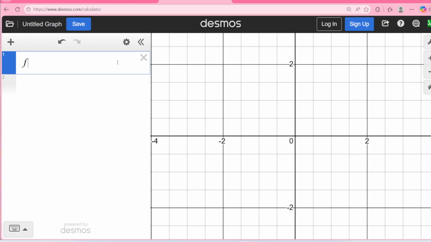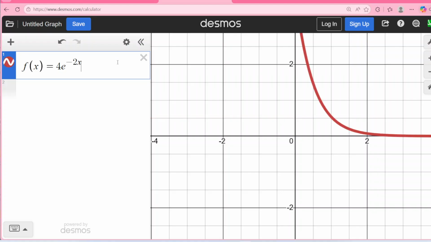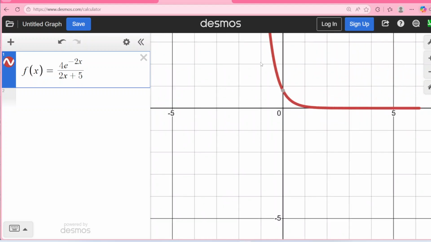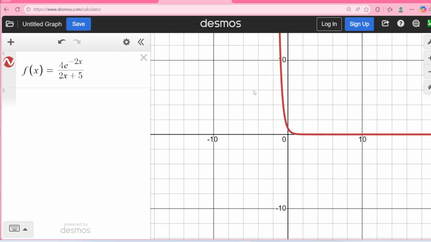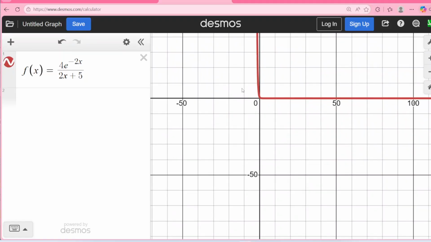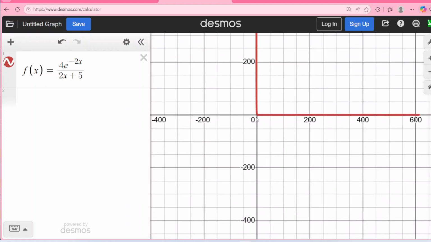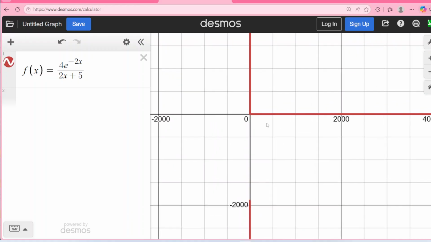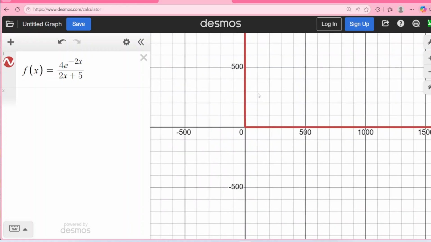So again, here's the function we were given: 4 times e to the -2x power divided by 2x plus 5. Now again, you see I'll put in... Yeah, it's not really nice looking.